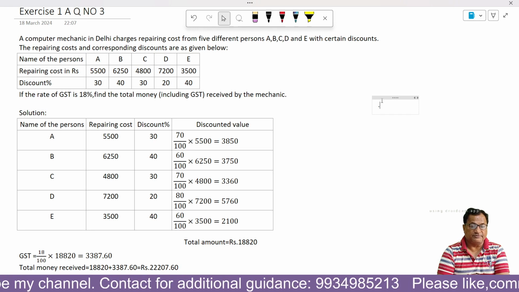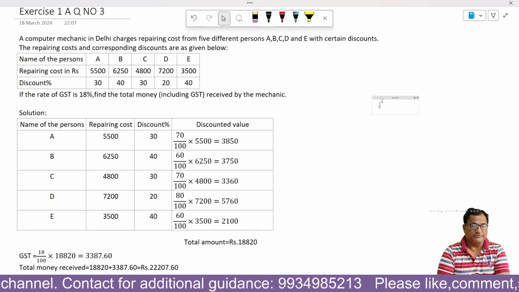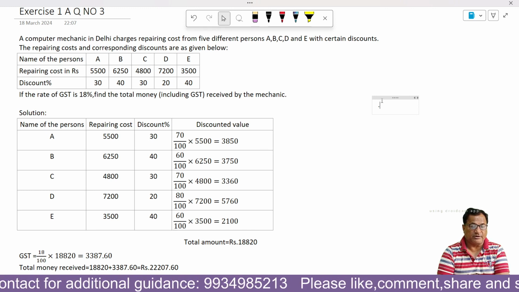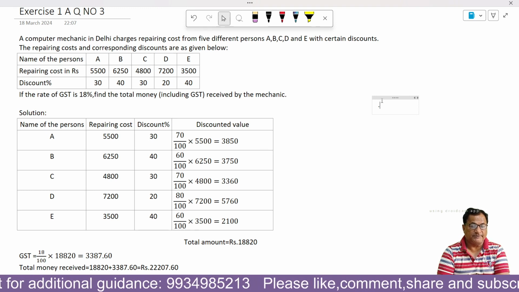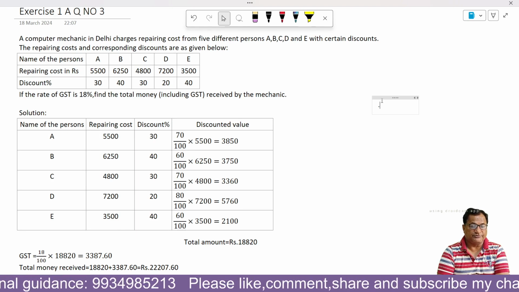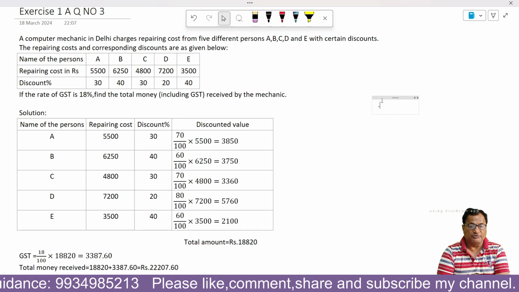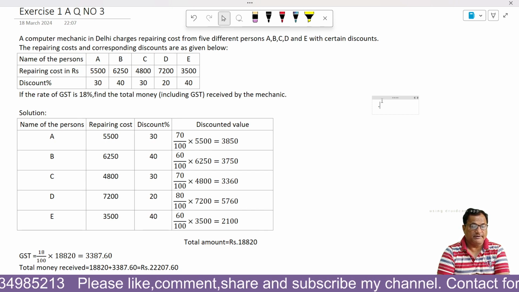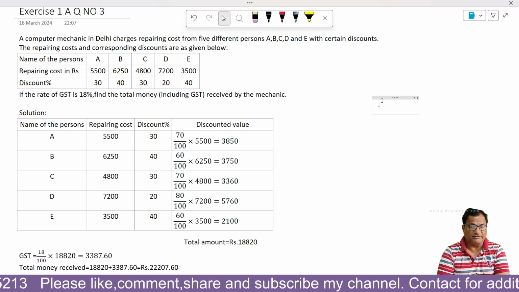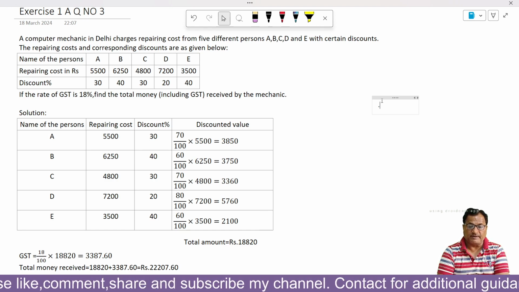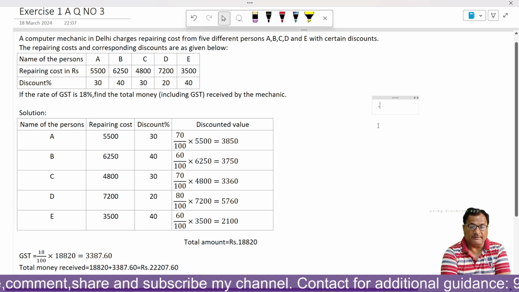Name of the person D, repairing cost is equal to rupees 7,200, discount percent is equal to 20. Name of the person E, repairing cost is equal to 3,500, discount percent is equal to 40. If the rate of the GST is 18%, find the total amount including GST received by the mechanic.